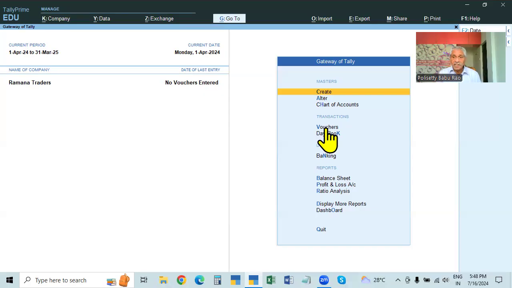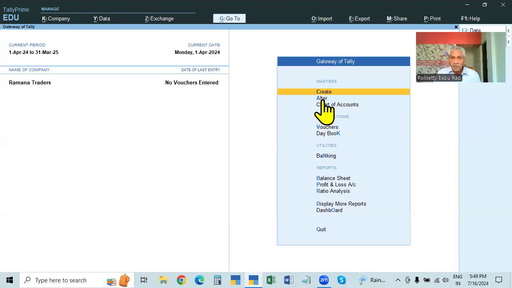For every ledger we require a group, that is, every ledger is to be placed under one group. By default, 28 groups are also available. So default groups 28, default ledgers 2, and default voucher types 24.